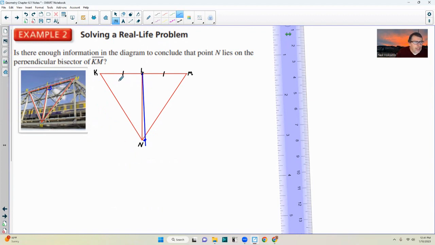Hopefully that makes sense. We were told that L is the midpoint, and therefore KL is congruent to ML. So this point bisects KM, but we don't have enough information to show that LN is perpendicular. So there is not enough information in this diagram. We are lacking the 90-degree angle.